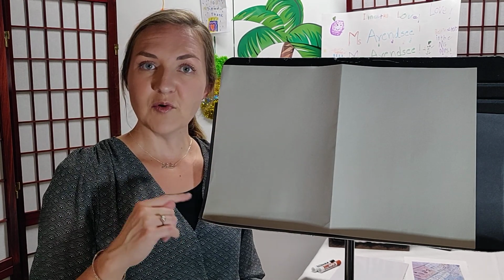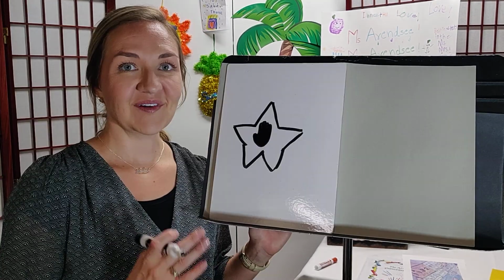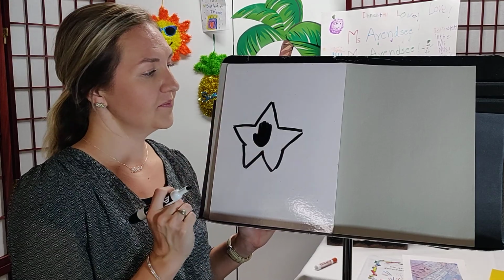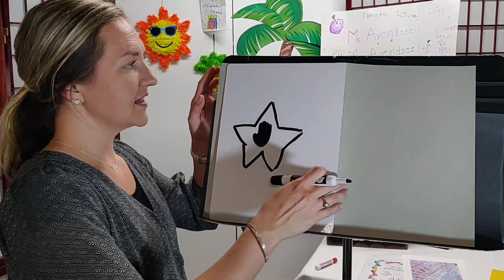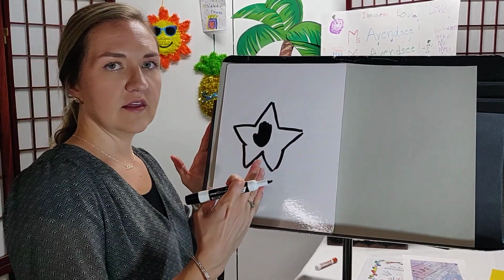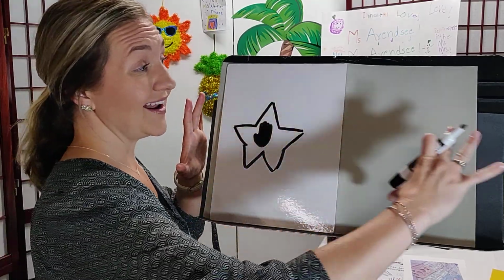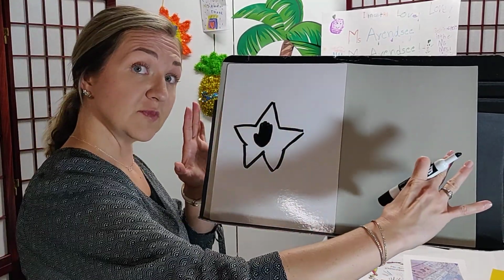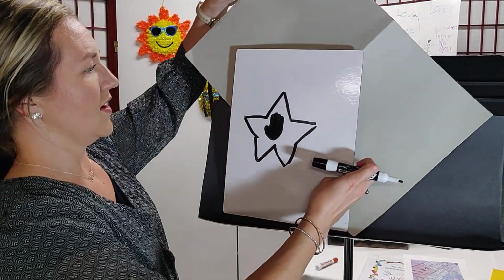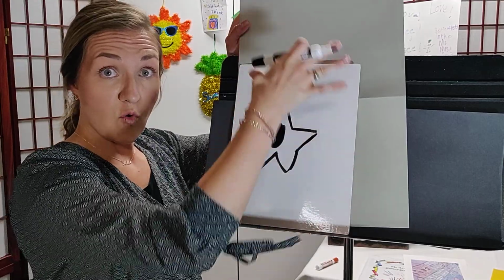I'm going to draw it on a board so you get an idea of what I am explaining here. Let's imagine that this is my yellow star with my handprint inside of it. One thing that is important is to make sure that your gray paper is in a portrait orientation, going vertically. Right now it's horizontal, but for this project you're going to want to turn it, so your gray paper is nice and long, like a portrait.